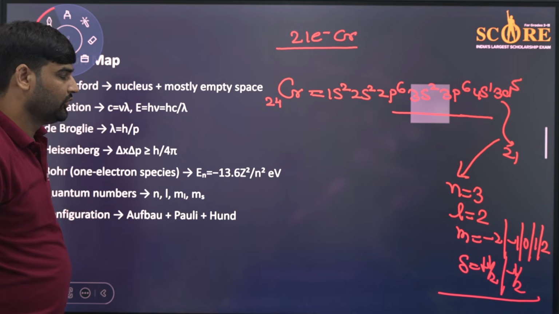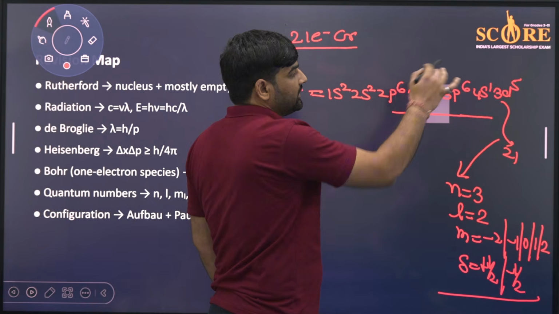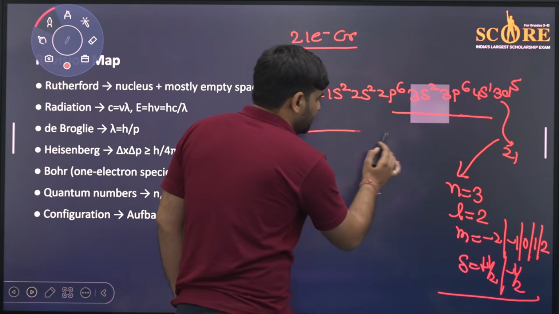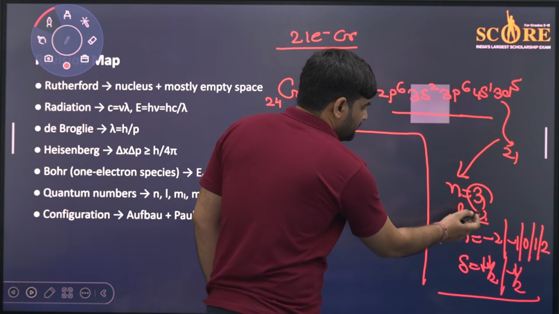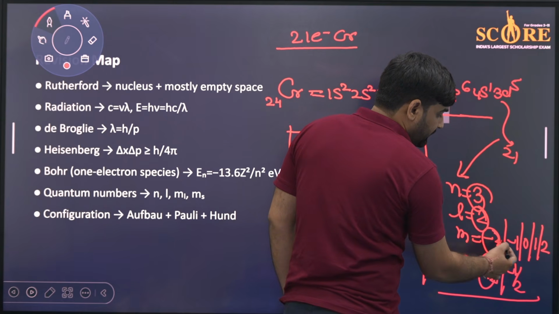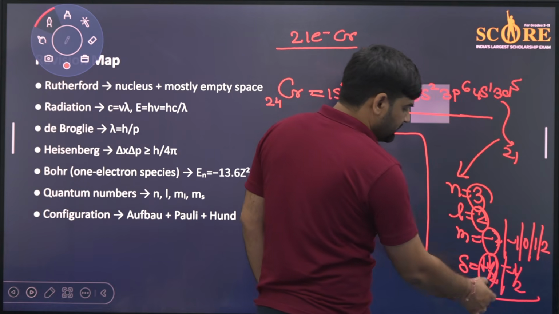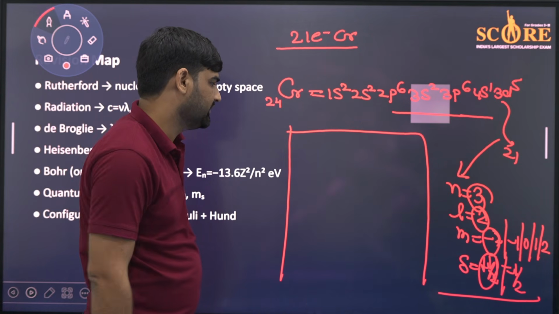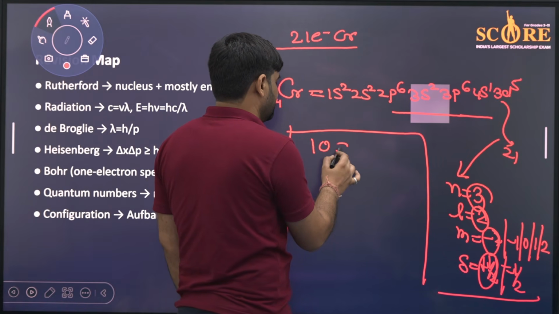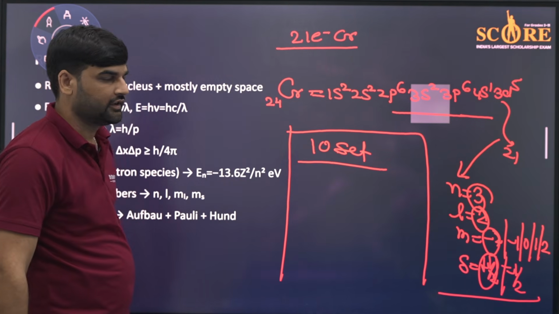So the total number of possible sets of quantum numbers for the 21st electron can be made. Now 5 sets for this, multiplied by 2 because we have S +½ and -½. So total possible sets is 10 for quantum numbers. Okay.